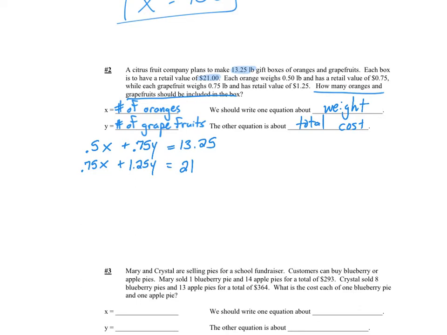Now, this gets kind of tricky because of the decimals, but we're going to use elimination to cancel these out. Let's try to cancel out the x's. That might be the easiest. So we're going to try to make the x's into opposites.